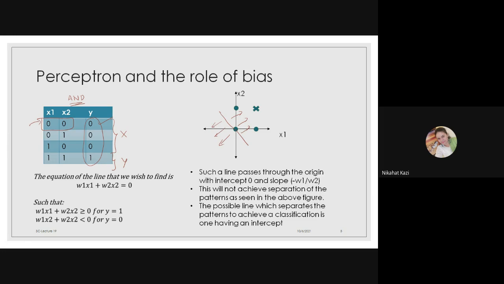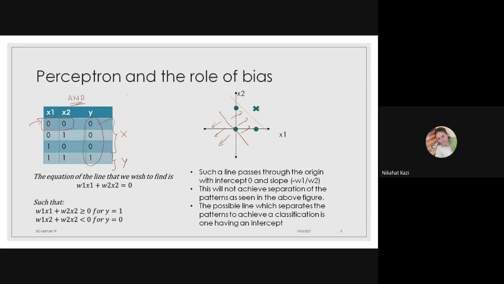So the line which passes through the origin with intercept 0, and this slope, will not achieve the classification. In order to achieve that classification, that line will be somewhere in between here. You need to add that intercept to the line, and that intercept is nothing but the bias.